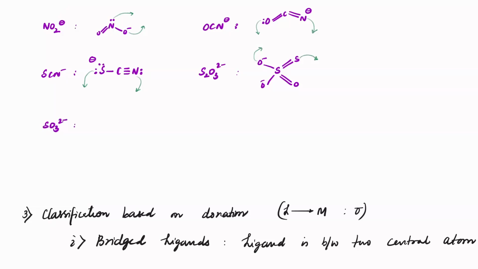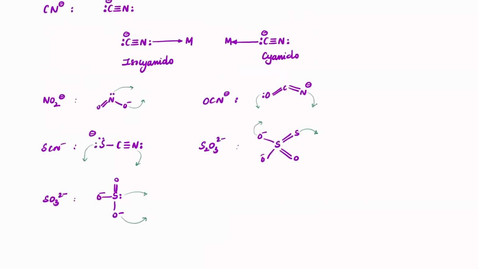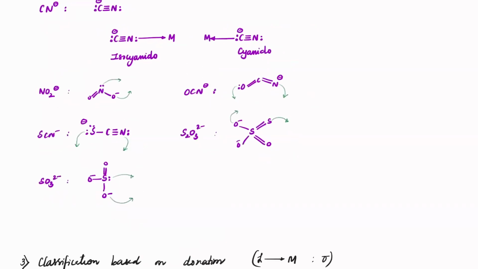Sulfur also has a lone pair with a double bond O, O minus and O minus. So you can see it can offer from the sulfur end or the oxygen end, but both do not happen simultaneously. If it is happening simultaneously, then you use the word flexidentate. So you can see these two are those kinds of cases where they are offering flexidenticity as well as acting like ambidentate ligands.